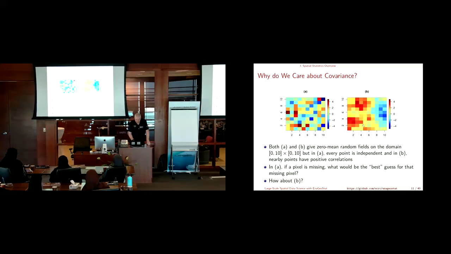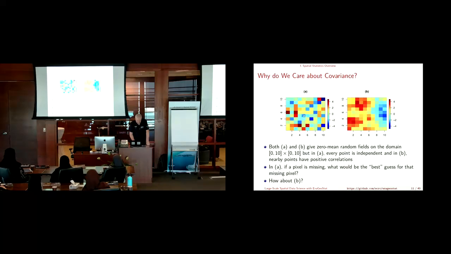In panel B, nearby points have correlation, so they tend to be more alike. This is this law of geography. So this means that in a region where the points tend to be red, so high, others are also red. And in a region where the points tend to be low, here negative, then others tend also to be low.